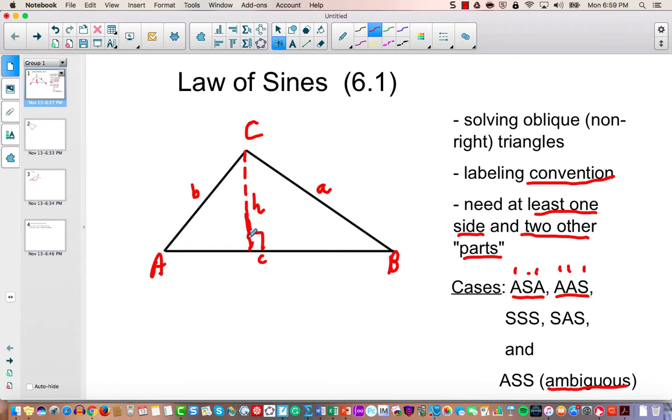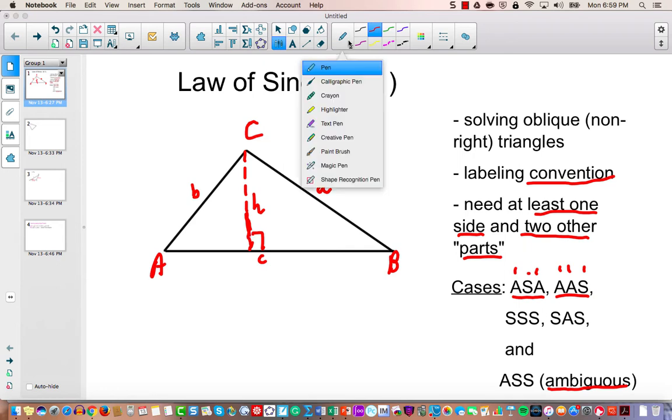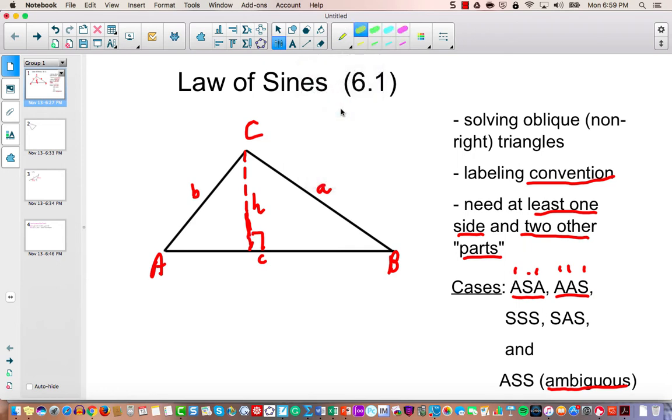And then using my elementary trigonometry and the triangle that's on the left here, I could say that the sine of A is H over B, so that H is equal to B times the sine of A. Hopefully you can see that.